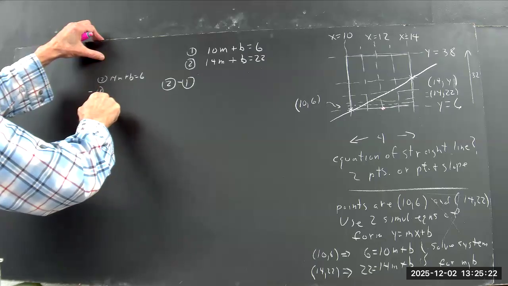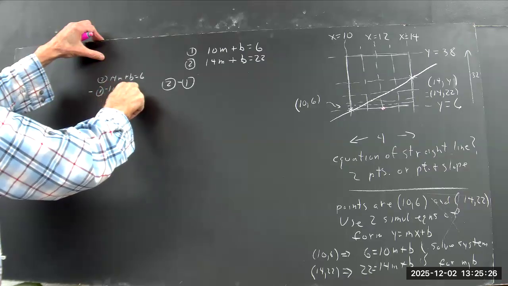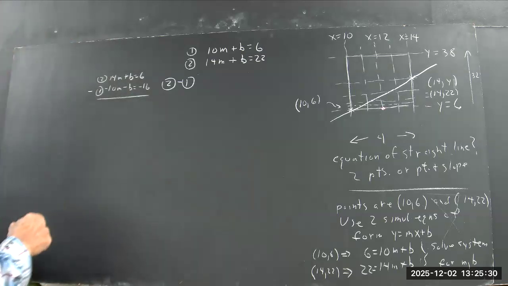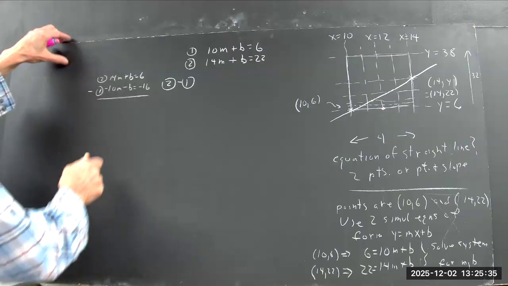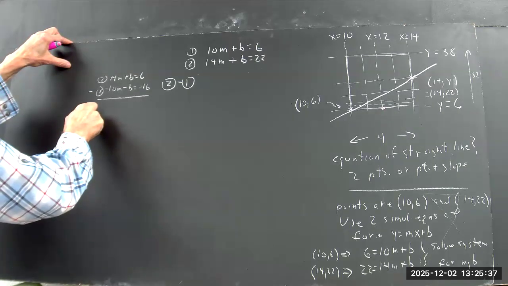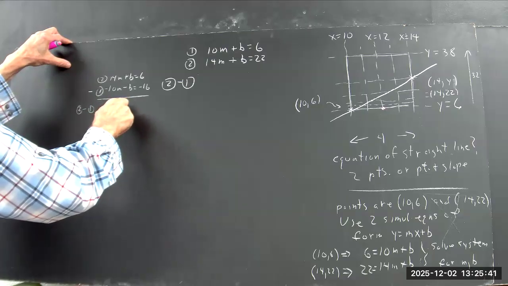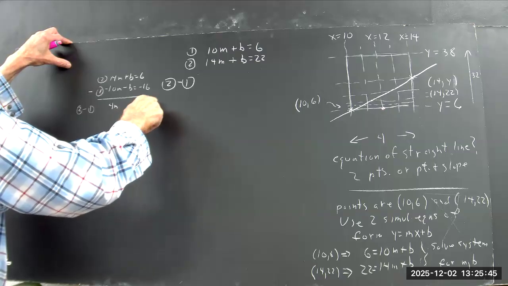Negative equation 1 is negative 10m minus b equals negative 6.